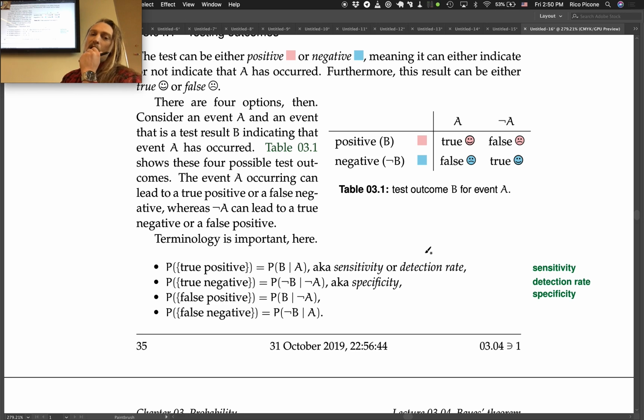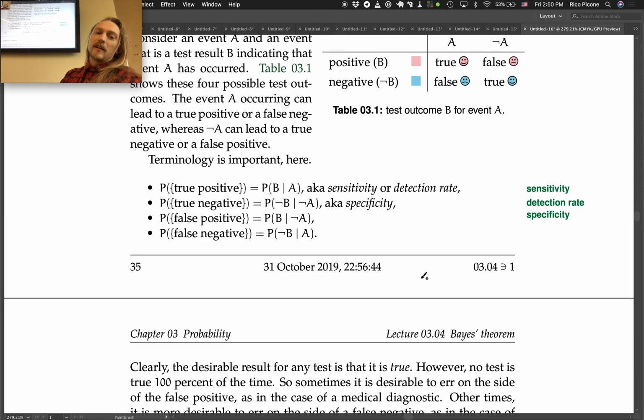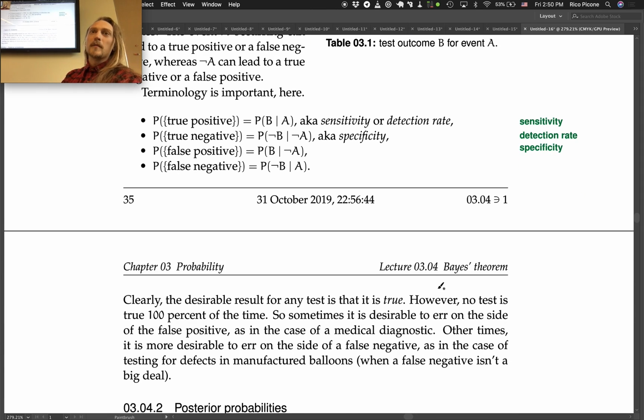The probability of a true negative is the probability of getting a negative test result, not B, given that not A. Given that, in this example, you're not pregnant, it'll say you're not pregnant. False positive is the probability that you're going to get a positive result when you're actually not pregnant, and false negative is the probability that you're going to get a negative result given that you are pregnant. Okay, so those are some terms that are important.